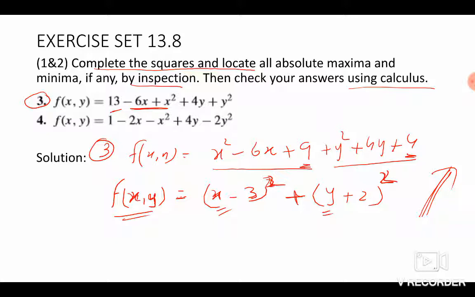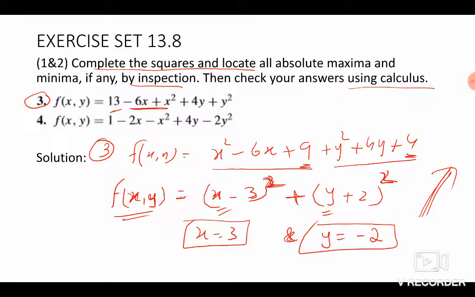Now the question is, can we find a minimum value? There is no negative value possible, isn't it? Because every term is a square term. So the minimum value occurs when x is equal to 3 and y is equal to negative 2. So its range is all values of x and y.